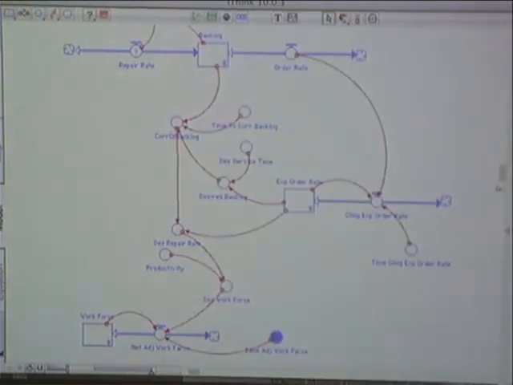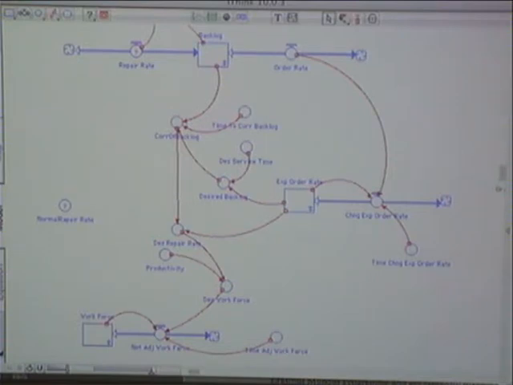And then, how do I now create a repair rate? Well, I say that, and this is not necessary, but it will be necessary when I go one step further and introduce a policy. I say that this is the normal repair rate. By normal, I mean if you have a workforce and they work at their standard productivity.